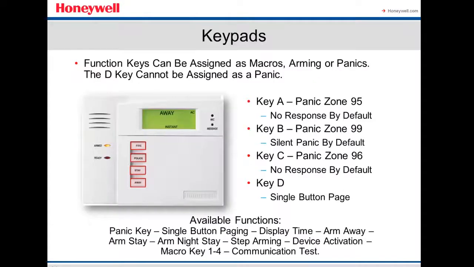And this is the function keys that we're talking about. We can program these function keys for A, B, C, and D. They all have their own zone. So when programming, you program the zone. For example, key letter A is zone 95, key letter B is zone 99, key letter C is zone 96.